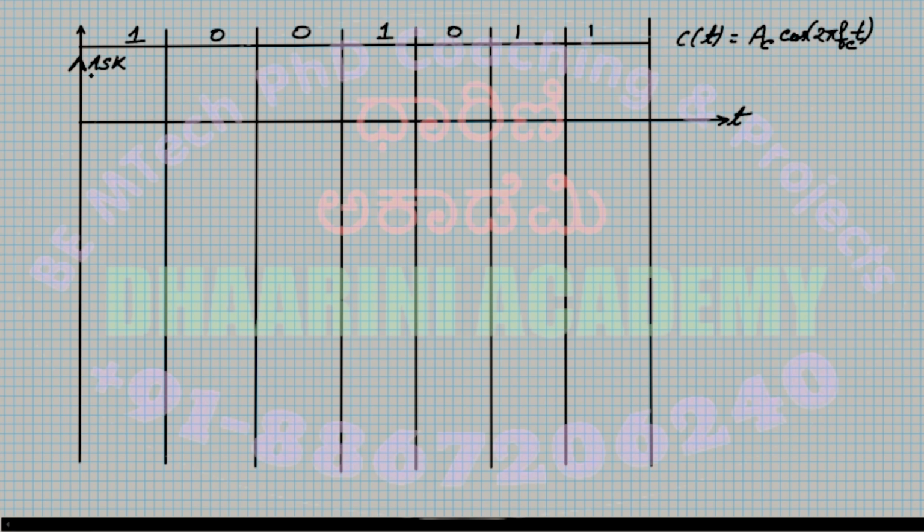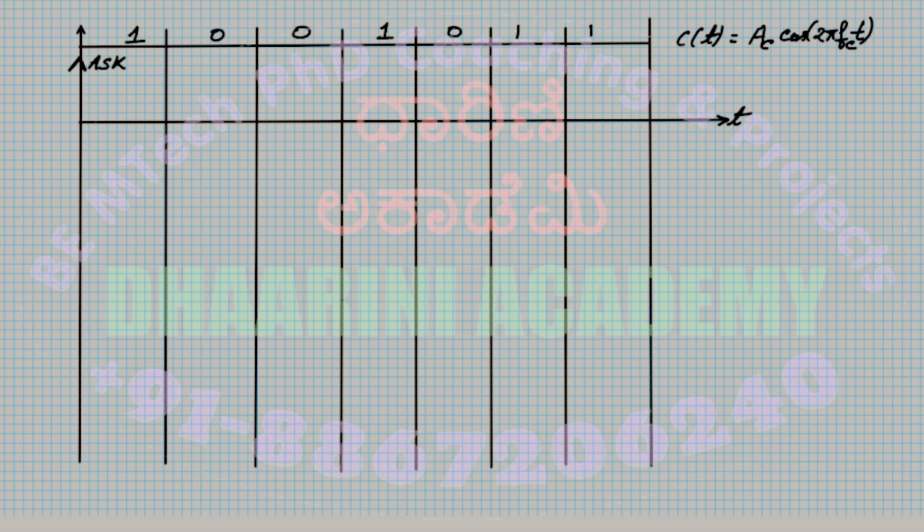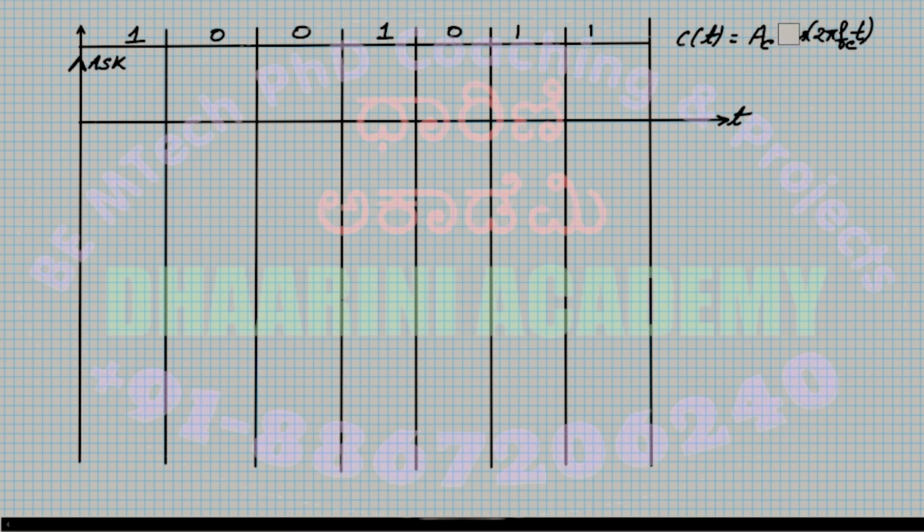Now in ASK, this wave is passed as it is whenever the data you want to send is binary one. If I say cos wave, let me change to sine, which should make more sense, because normally when we write the waveform, it starts from zero. Cos means it should start from a higher value, so for that reason I'll write a sine.